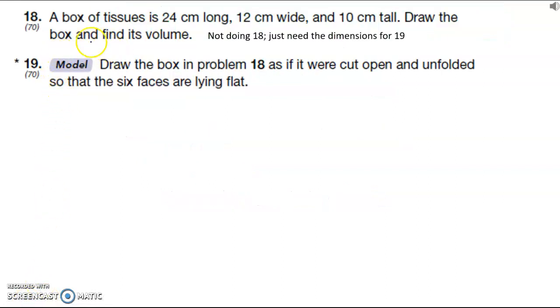Okay. 18. A box of tissues is 24 centimeters long, 12 centimeters wide, and 10 centimeters tall. Draw the box and find its volume. I'm not doing 18, I just need the dimensions for 19. So I'm going to do my best to draw a box of tissues.